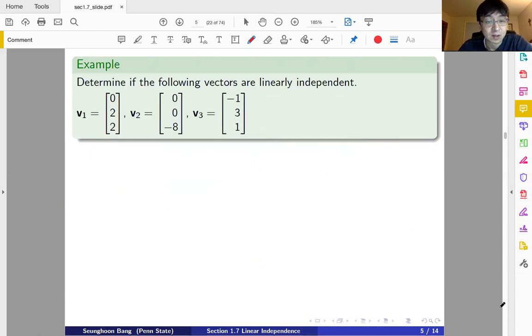The next one. Determine if the following vectors are linearly independent. We can use the same method. So you can change the vectors to an augmented matrix. The matrix: you can change v1, 0, 2, 0, 0, minus 8, minus 1, 3, 1.